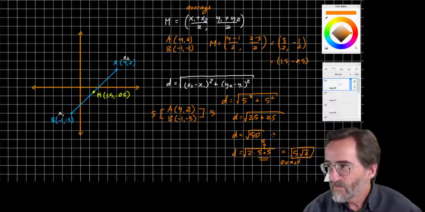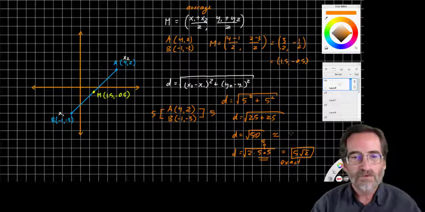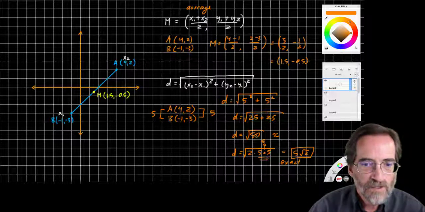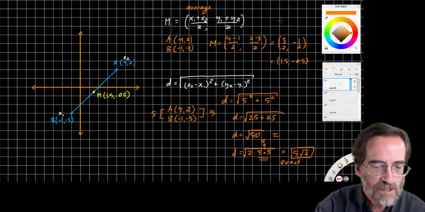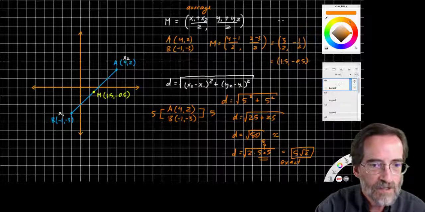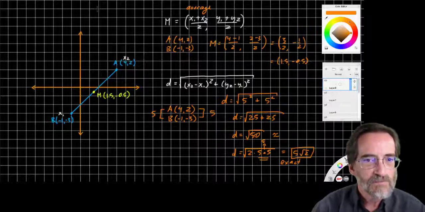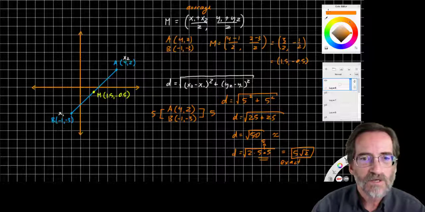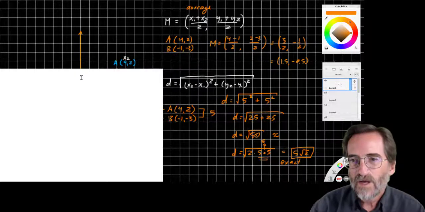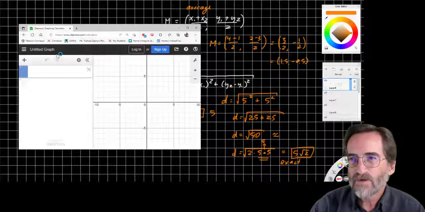If you're asked to give an approximate answer, just pull up your Desmos calculator. Let me go to desmos.com. I'm just going to type desmos.com in my search string here, and choose graphing calculator. There we go. And here's a little bit of a Desmos lesson.